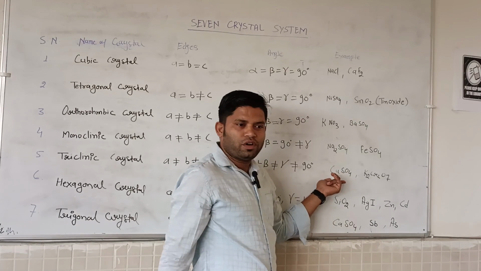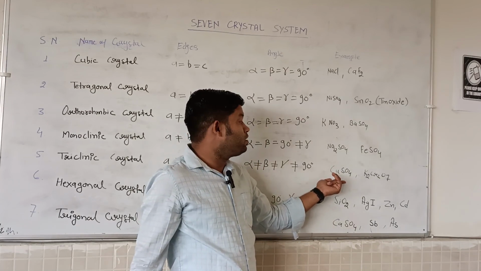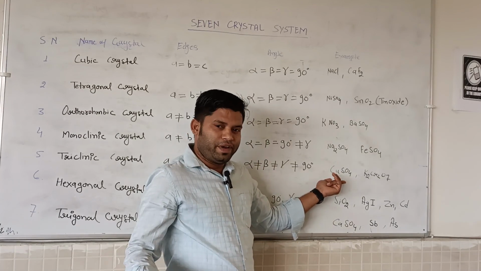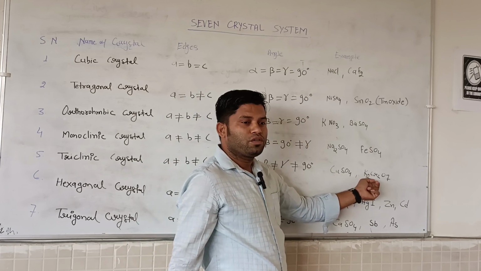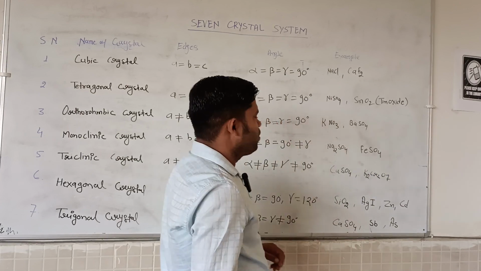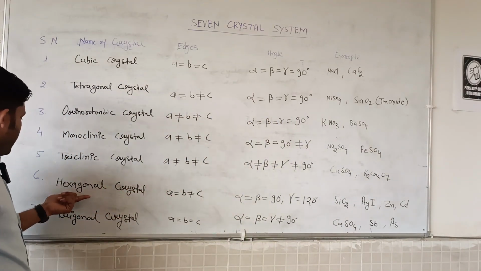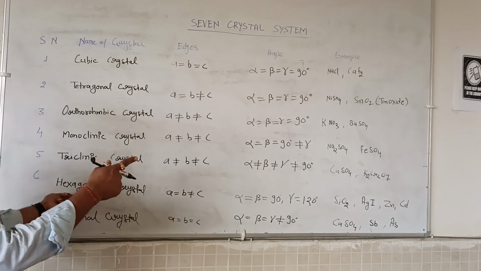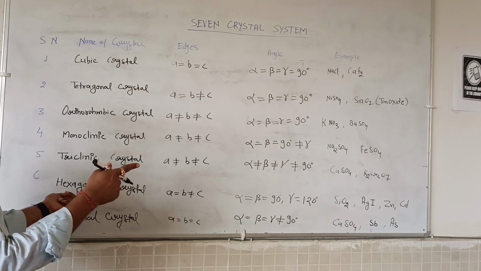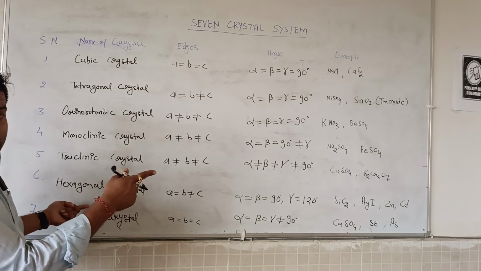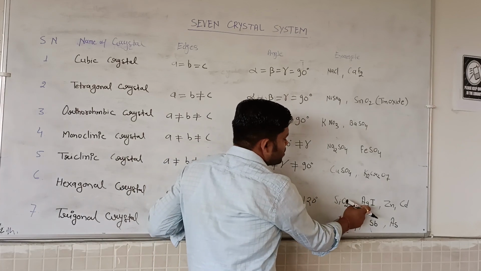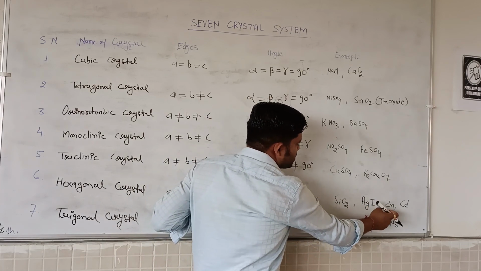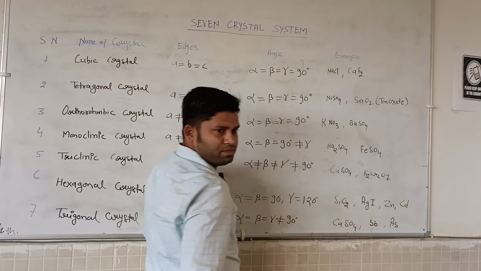What is CuSO4? Copper sulfate and potassium dichromate. Now hexagonal: SiO2, silicon oxide, silver iodide, zinc, cadmium.